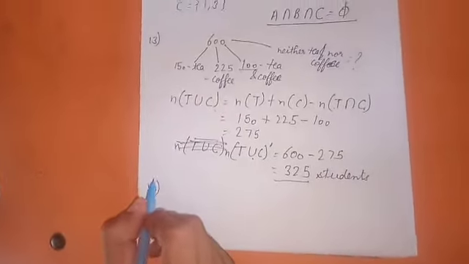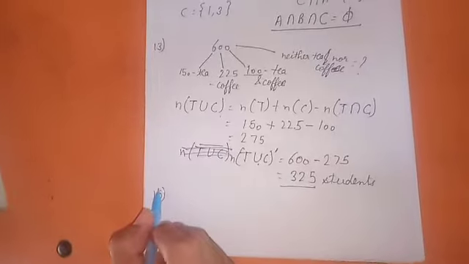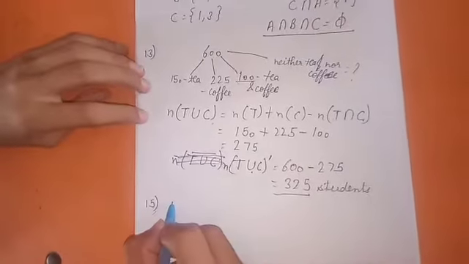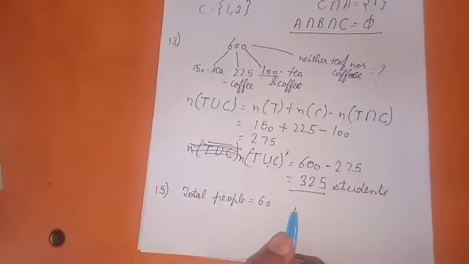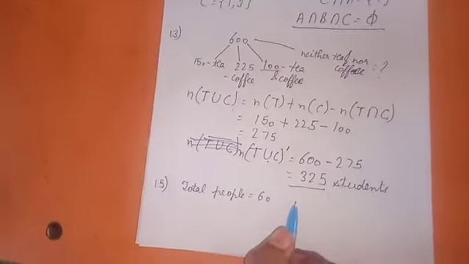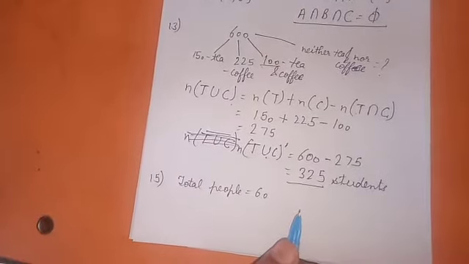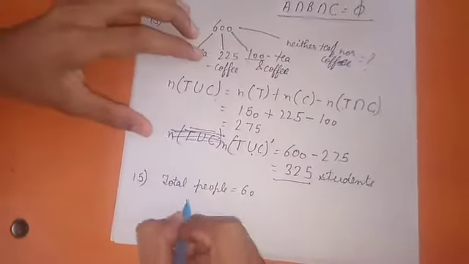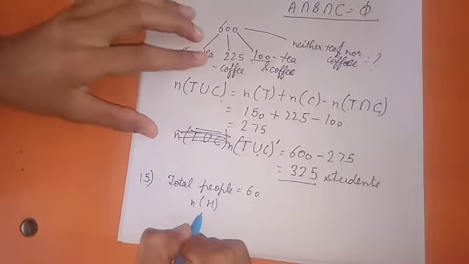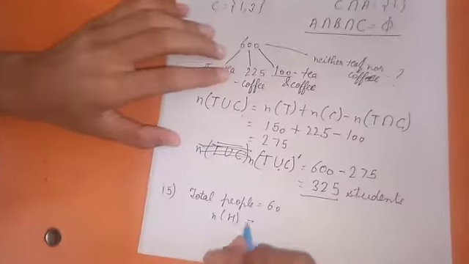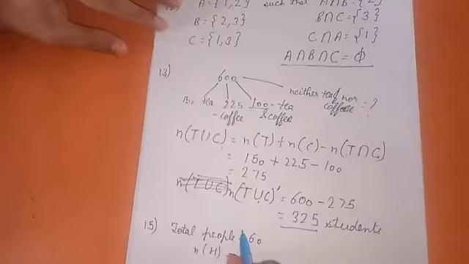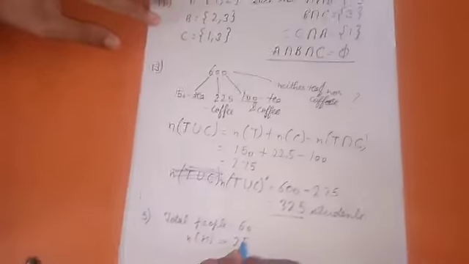Question number 15. In a survey of 60 people, means total people is equal to 60 given to us. Okay, it was found that 25 people read newspaper H. So n of H, we can say, the number of people who read newspaper H, that are 25.